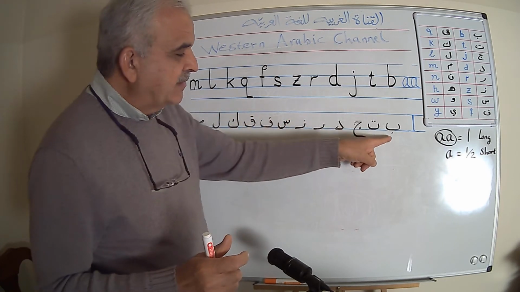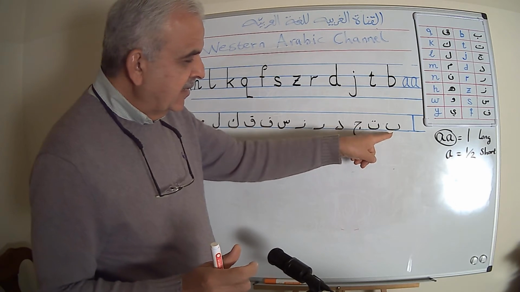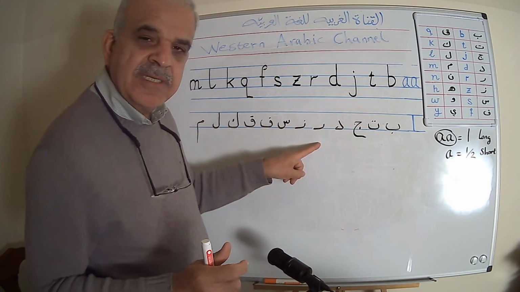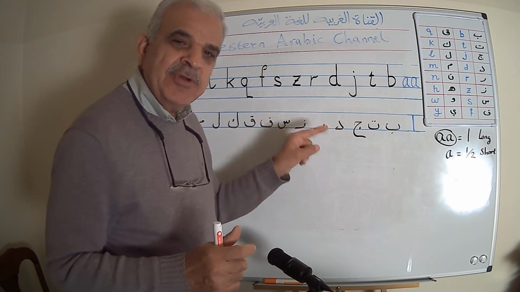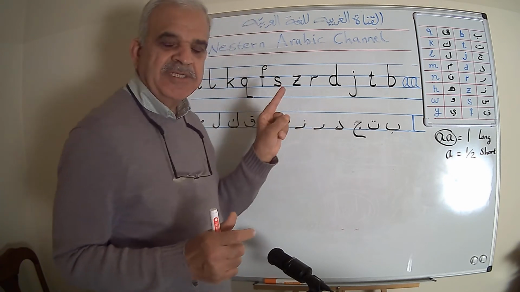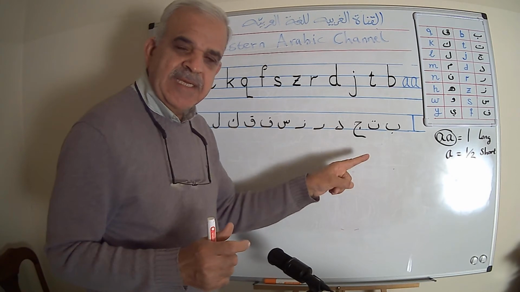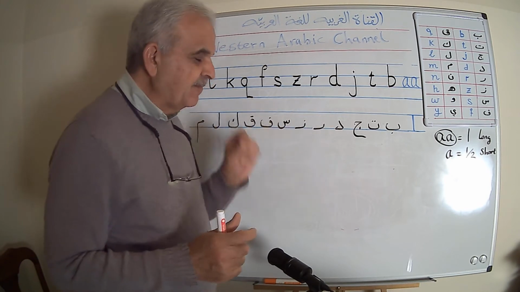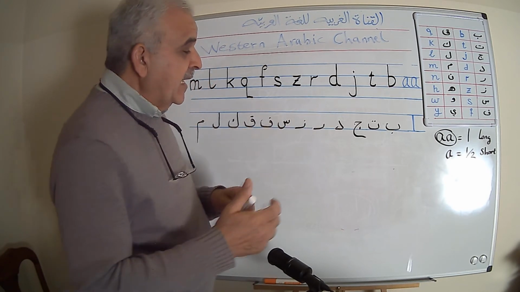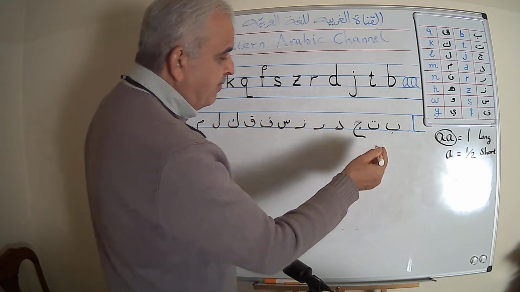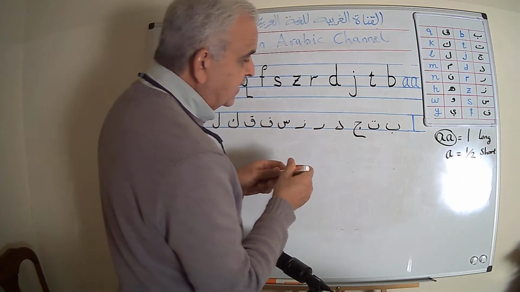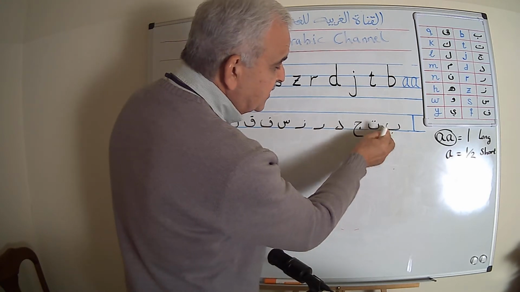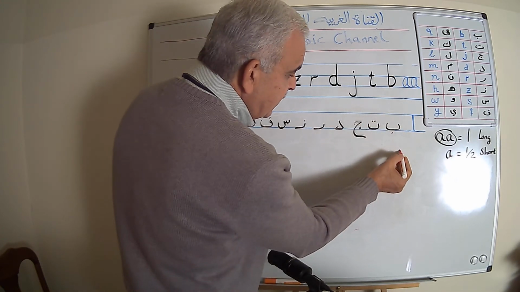But in Arabic those shapes change a little bit. I'll show you. It's very simple change when it comes at the beginning, in the middle, or at the end. Okay, this ba letter, just simply we remove its tail and it becomes like this.